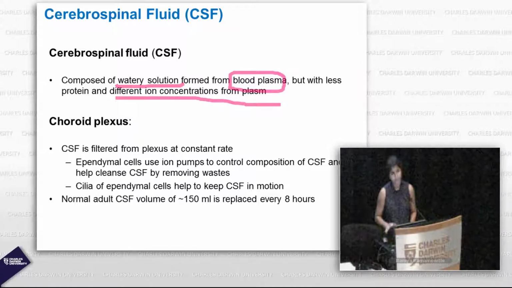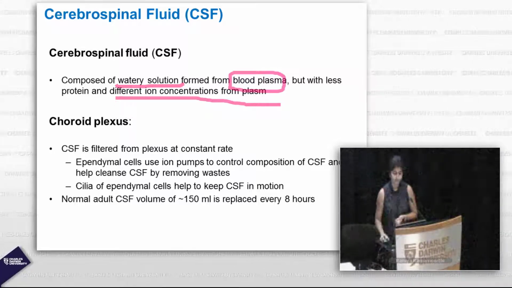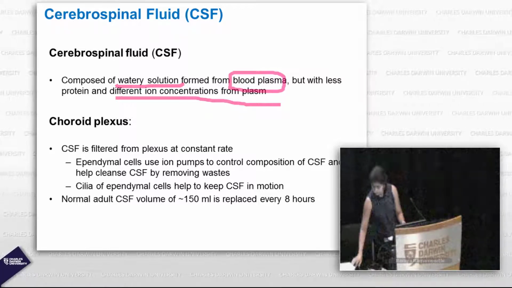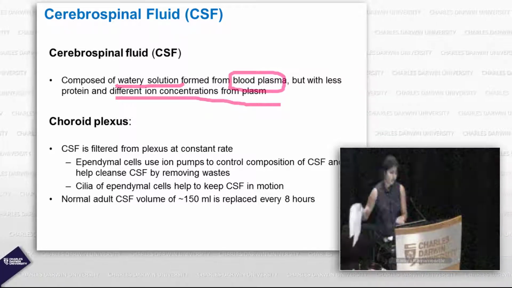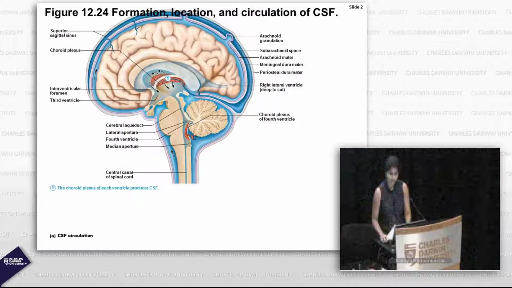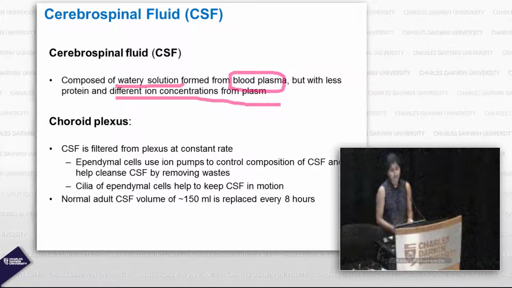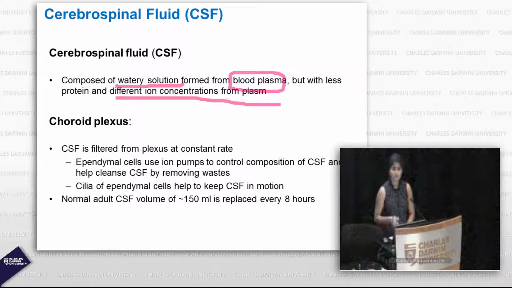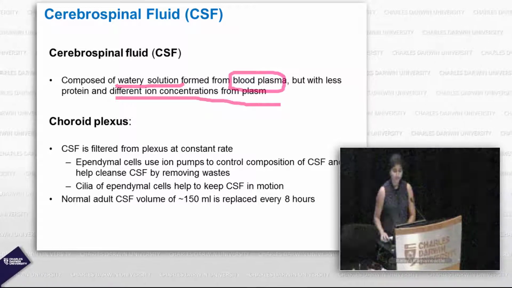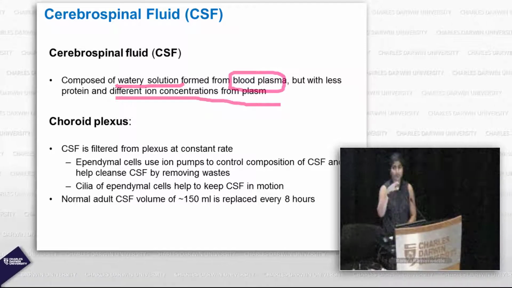The choroid plexus, the main blood supply, helps in the formation of the cerebrospinal fluid by filtering it out, and the CSF is in constant circulation through the different ventricles: first, second, third and fourth.